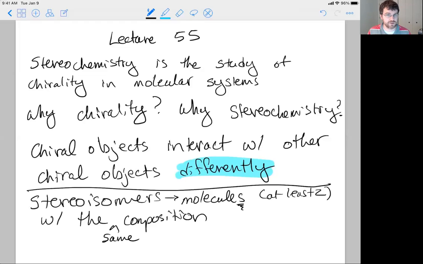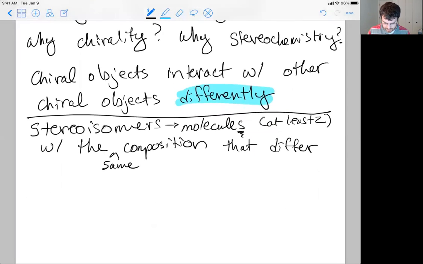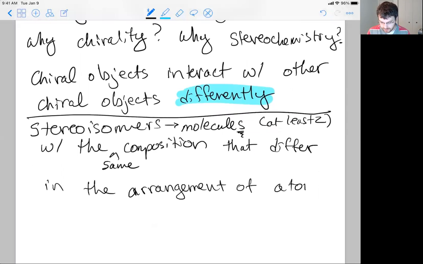So carbons, hydrogens, whatever, they're all the same count, the same composition, that differ in the arrangement of atoms in 3 dimensions.